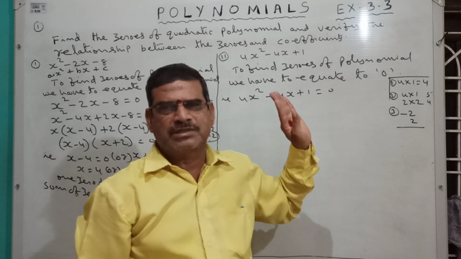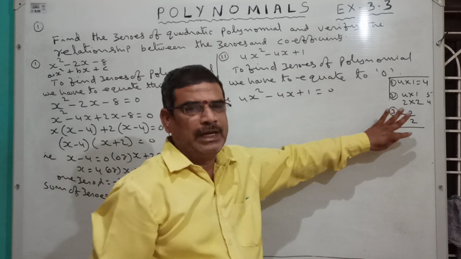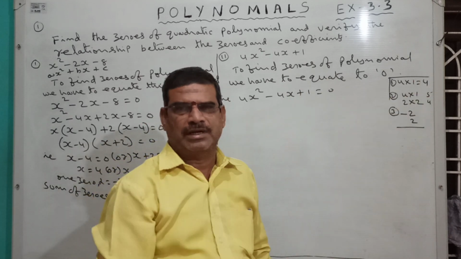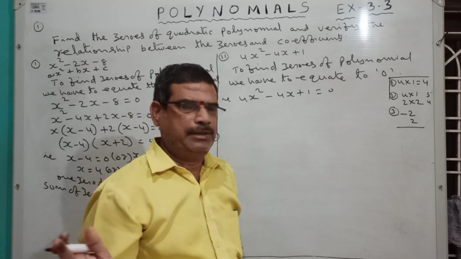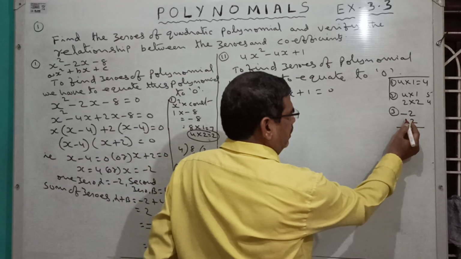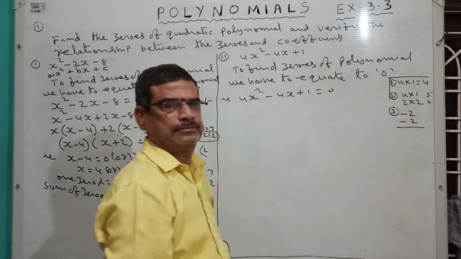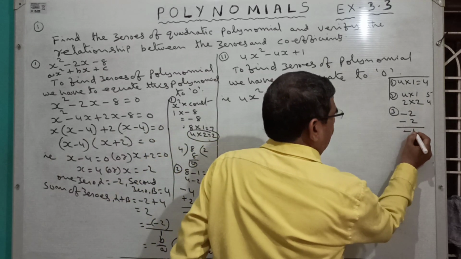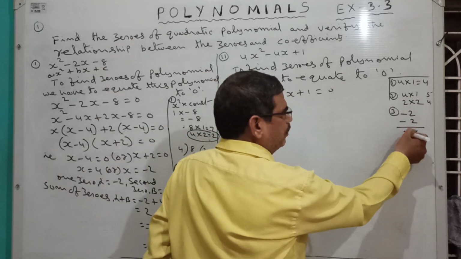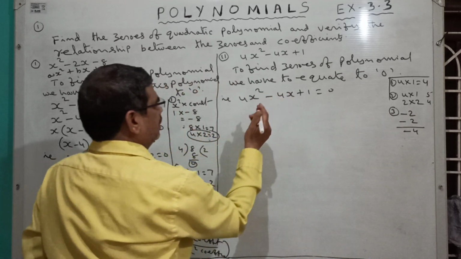I already told in the basic class; you observe that class, Maths Basics by me. So here minus is there, put a minus sign here also. Minus, same signs. What is the answer? Same signs, add them and put that sign. So minus 4, here also minus 4.